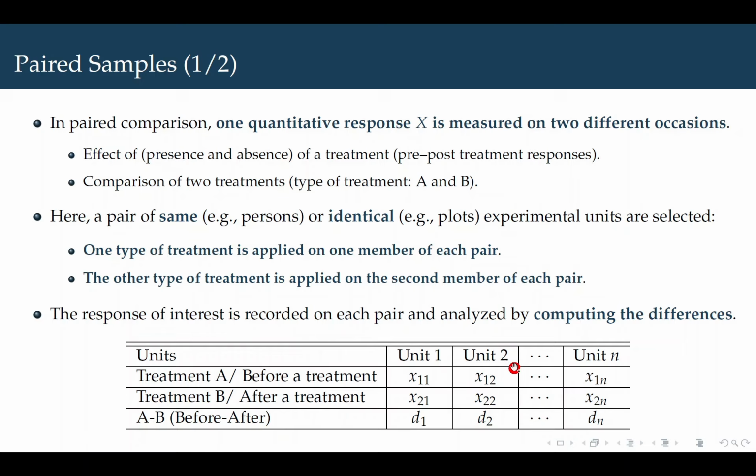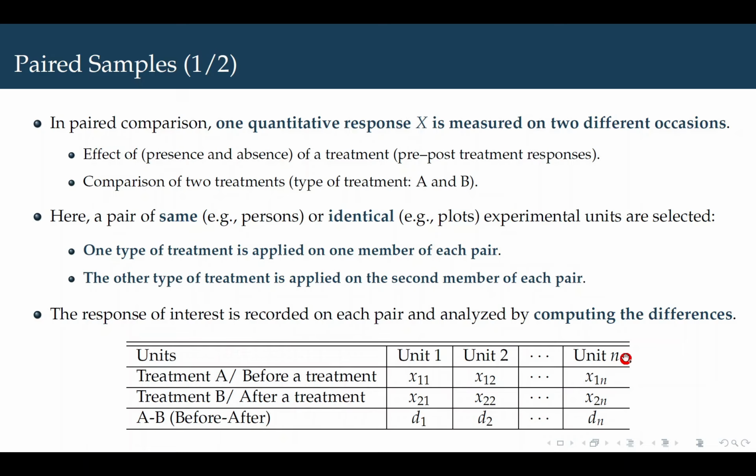Similarly, for unit 2, the response after applying treatment A could be x12, and after applying treatment B, it could be x22. And here x12 and x22 come from unit 2. Similarly, for unit n, x1n may represent the response after applying treatment A, and x2n may represent the response after applying treatment B. And again here, x1n and x2n come from unit n.